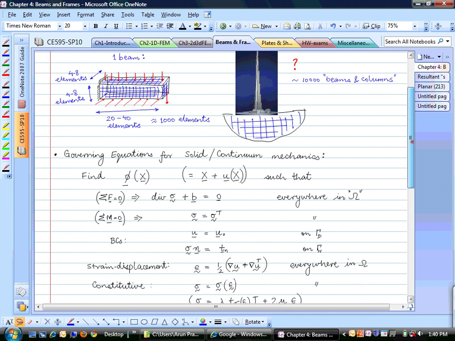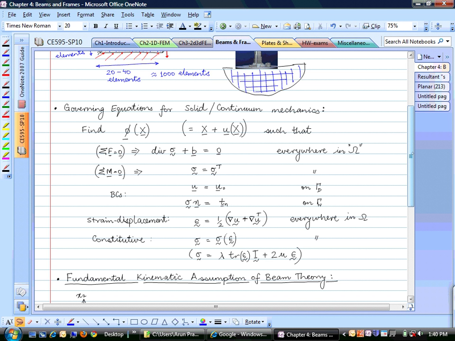So that's a big approximation that we are making, but that will reduce the problem size by a whole lot. But no matter what, these conditions or these equations have to be satisfied.